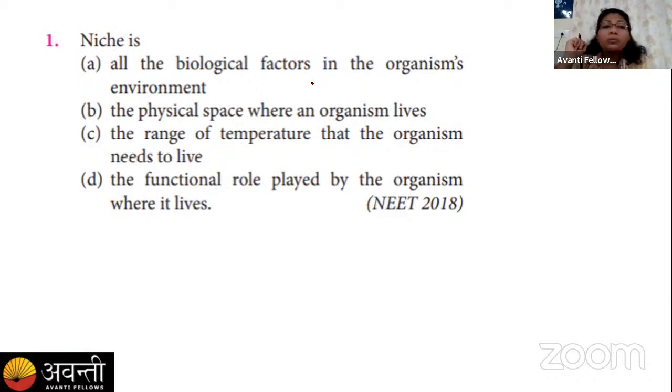Option A says all the biological factors in the organism's environment. B, the physical space where an organism lives. C, the range of temperature that the organism needs to live. And option D says the functional role played by the organism where it lives. Okay, so give your answer.